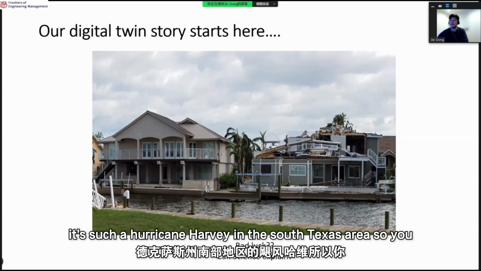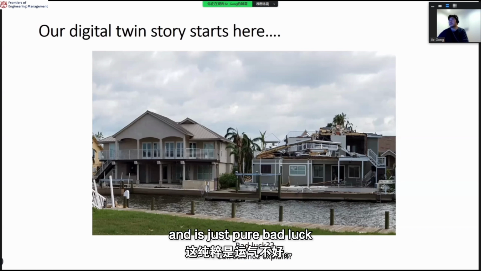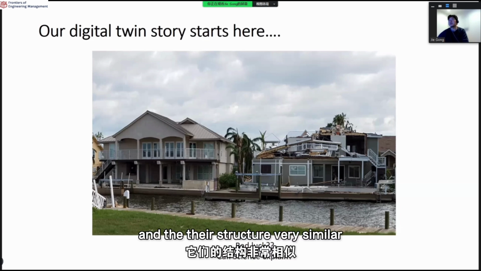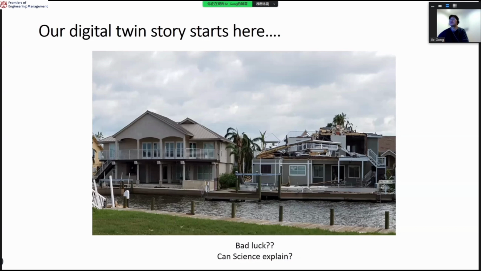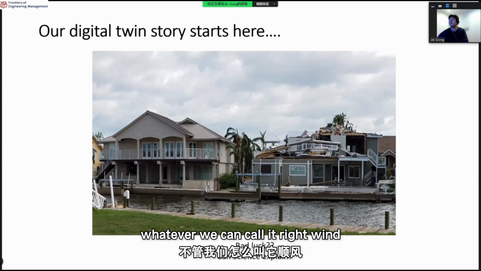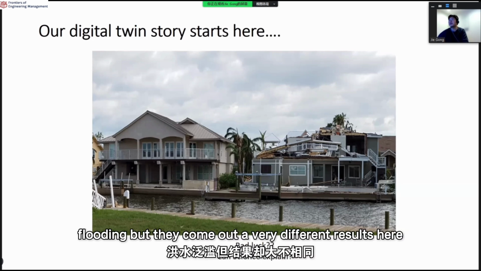You ask yourself, is it just bad luck for one of the buildings, or can science explain what happened? The structures are very similar and they experienced the same forces, wind, storm, and flooding, but they came out with very different results.